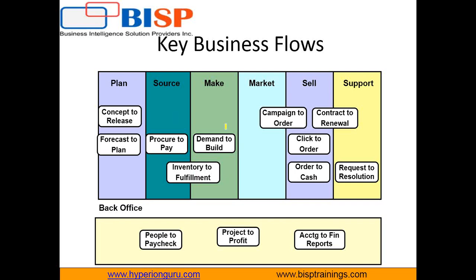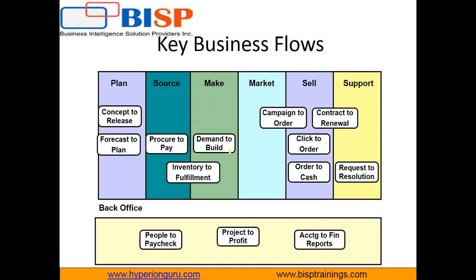In between, while you receive the raw materials, you're supposed to have some inventory to keep your raw materials, and also some inventory on the manufacturing floor where you need to manufacture the product. So inventory comes into existence once you want to start the product, because you need to have all the raw materials ready.